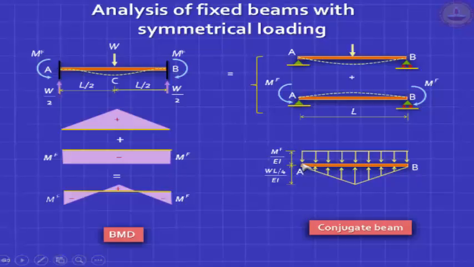So imagine I have something floating in the air, forces pushing it from below and forces pushing it from above, and it's self-equilibrating, which means the total load acting upward, very easy, area of this triangle, half WL by 4EI into L, that's WL squared by 8EI, must be balanced by the total load acting downward, which is MF L by EI.